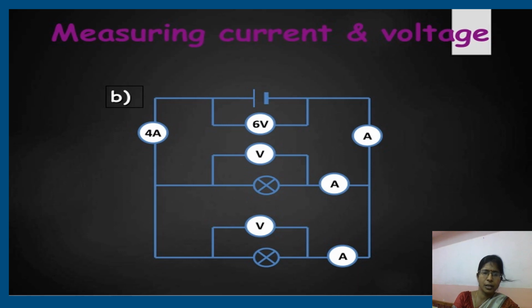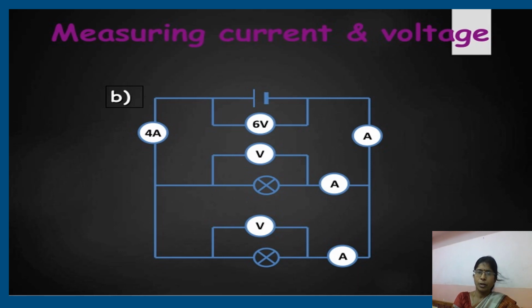Corresponding terminals are connected to the corresponding terminal of the battery. So this is a parallel circuit, and in a parallel circuit what remains the same? Yes, current or voltage? Voltage remains the same. And what is the voltage here? 6 volts. So at this point also it should be 6, and even here also it should be 6.